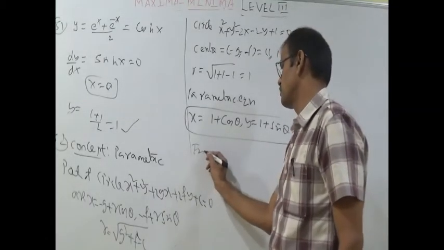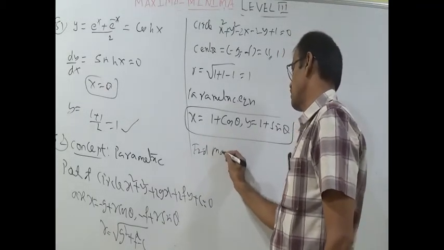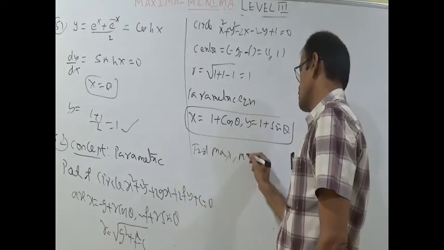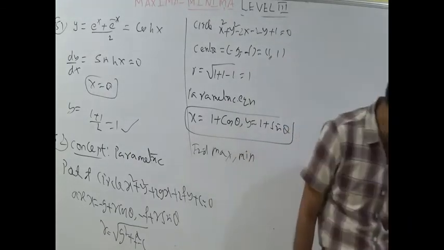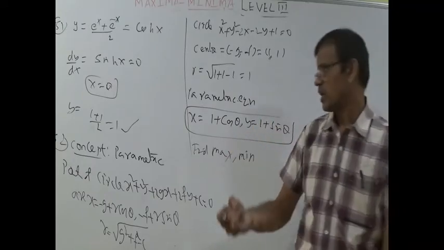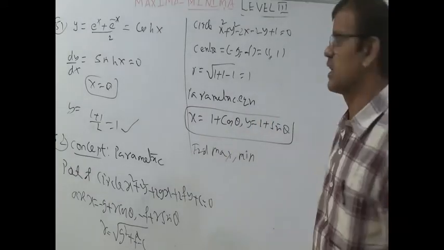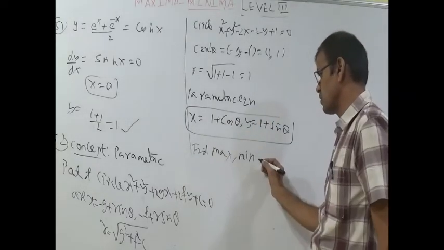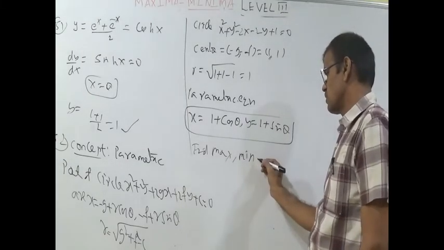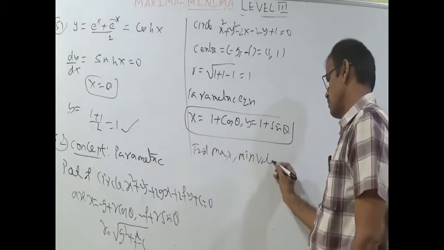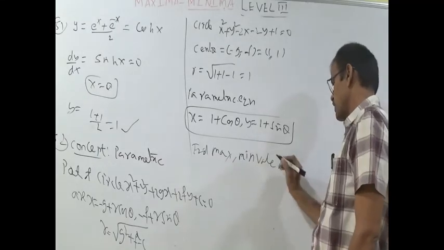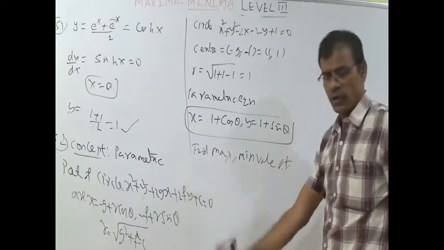Find max comma min. This question can be given in the circle chapter, and extreme values, period and extreme values, and minimum maximum concept also. So this is a multi-concept question. Find the maximum comma minimum value of 4x plus 3y.